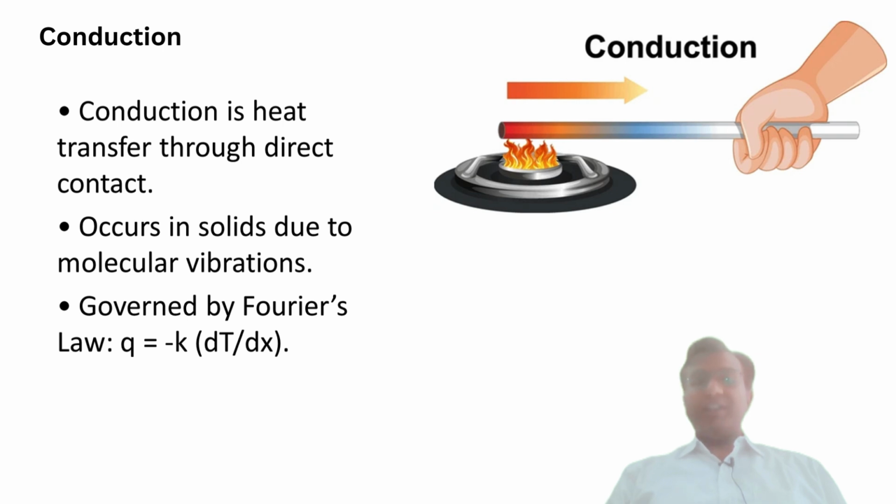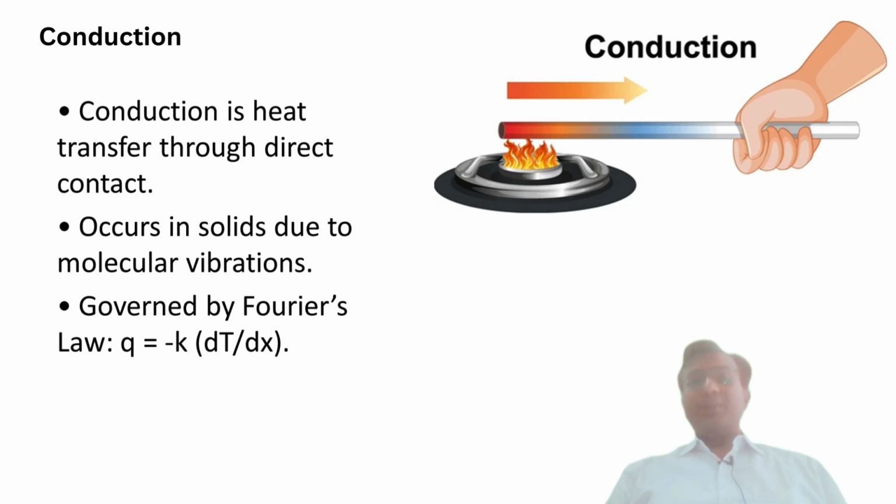Conduction is critical in applications like designing heat sinks for electronics or insulating buildings to save energy. For example, a copper pipe conducts heat faster than a plastic one, making it ideal for heat exchangers. Understanding conduction helps engineers select materials for specific purposes, balancing efficiency and cost.